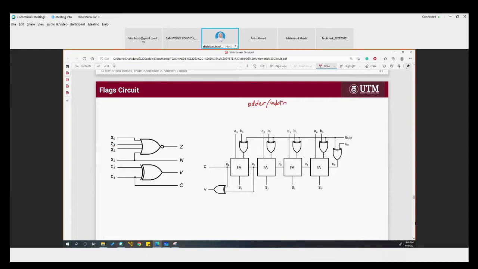We can do both, adder and subtractor, and C in here is connected with XOR, so we can find the relationship.